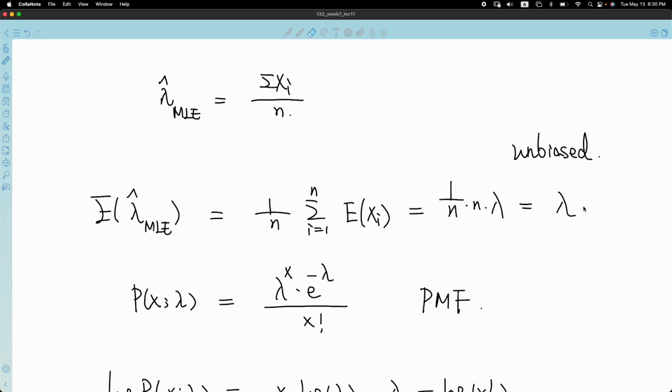So the expectation of theta hat equal to theta means it is unbiased. This is what we did to check unbiasedness. The definition of unbiasedness is that the expectation of theta hat equals theta. So here we check the expectation, and after manipulation we get that it equals theta. So this is unbiased. Check.